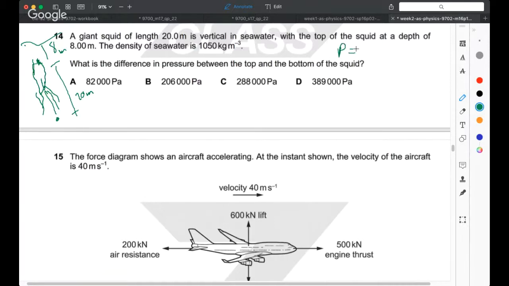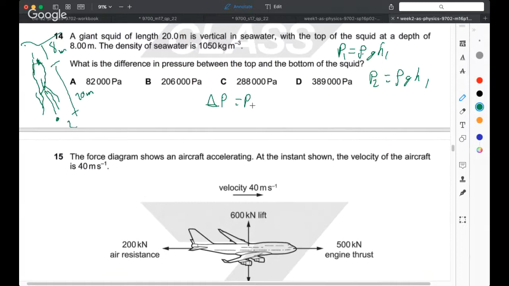So what would you use? The hydrostatic pressure. P equals rho g h. So you have the density. If we call this point 1 and the other point 2, you have P1, P2, density, gravity, and H1 and H2. The only thing you have to do is make the difference.